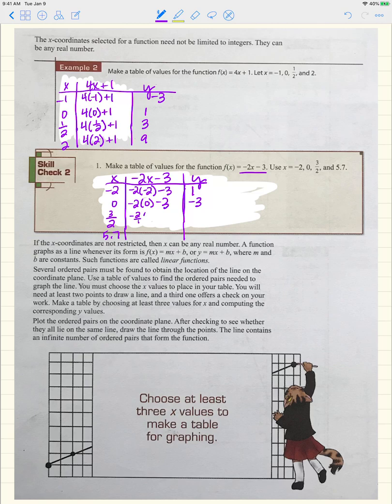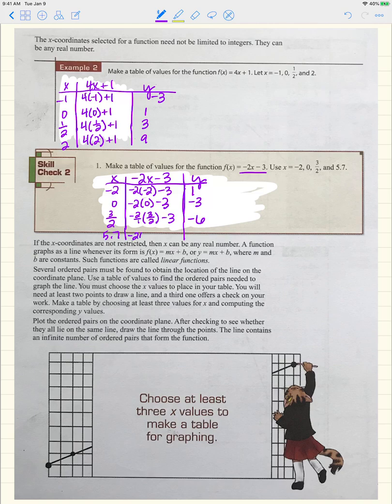-2, and I'm going to put that over 1 just so you can see what happens when we're multiplying by that fraction. -2 times 3/2, that's -6 over 2, that's -3. -3 minus 3 is -6.